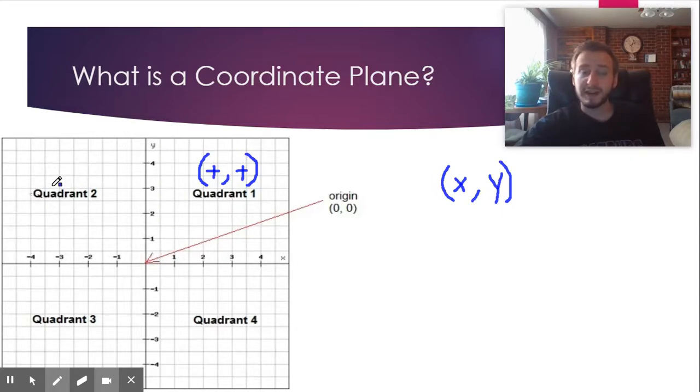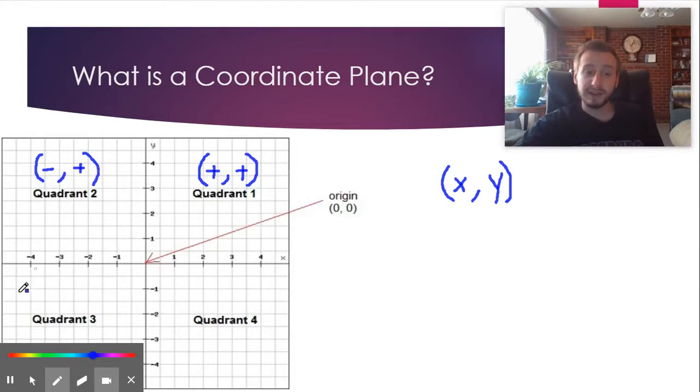This quadrant over here is quadrant 2. The x value numbers, right? These numbers right here are all negative. And the y values are all positive. So in quadrant 2, you have negatives and positives.